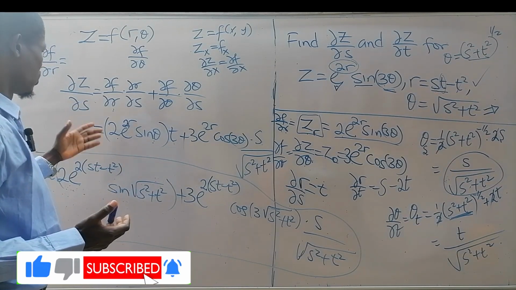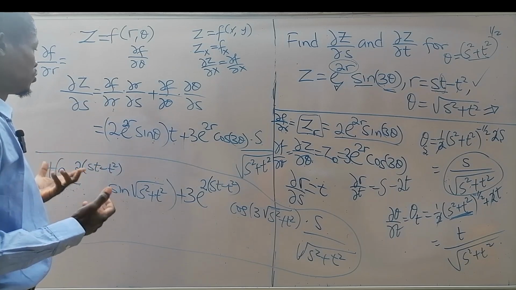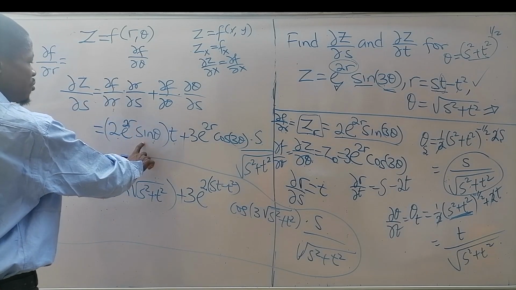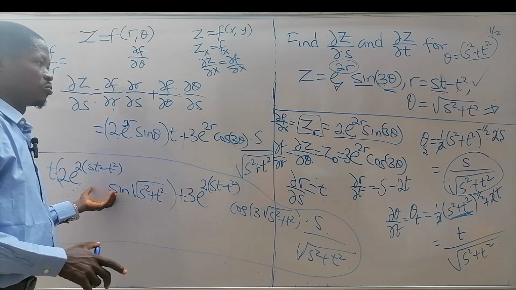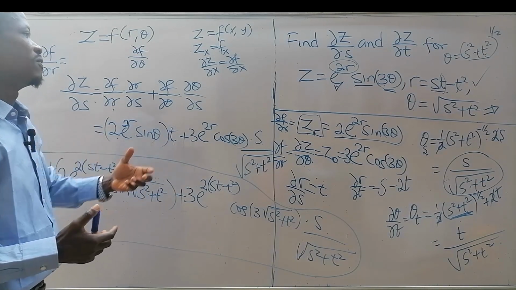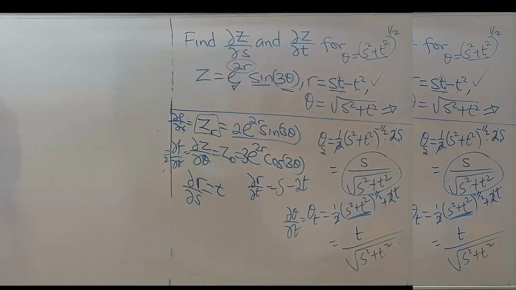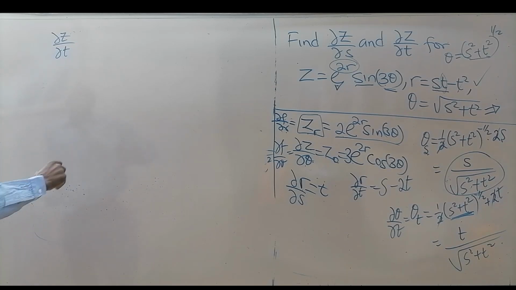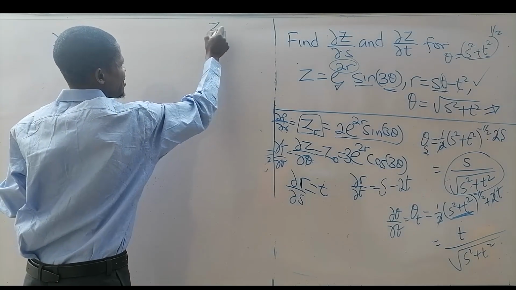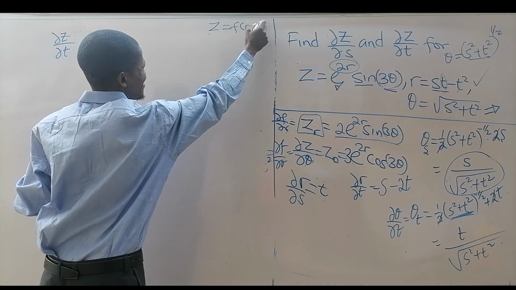Okay, then it was a function of 3 variables. We have succeeded to make it 2 variables. From here we have t, we have theta, we have r. But finally we have succeeded to make it 2 variables, according to r and theta. Okay, so we're going to have del z del t. And don't forget this z is a function of r and theta.